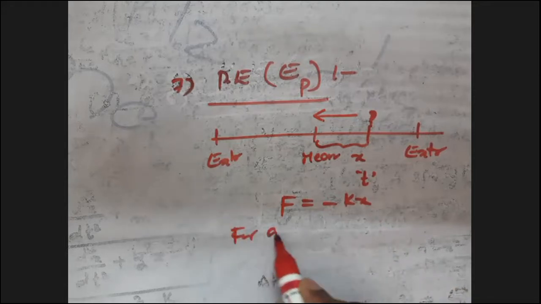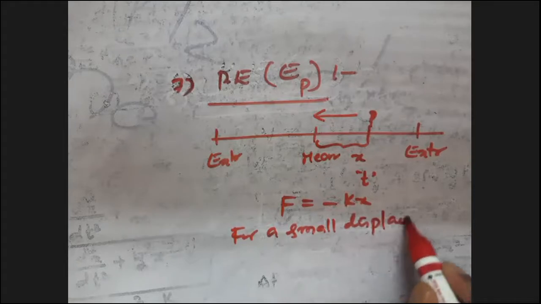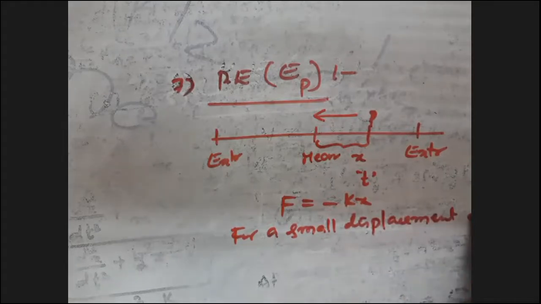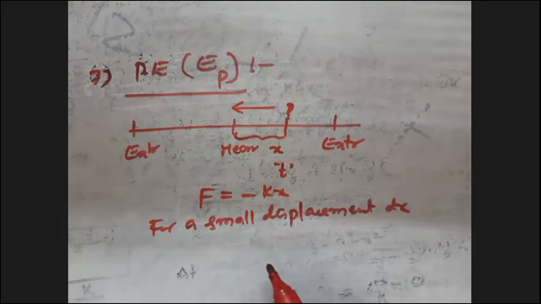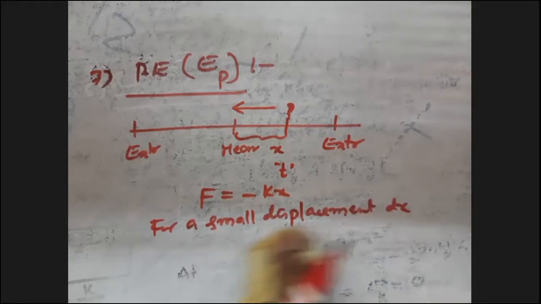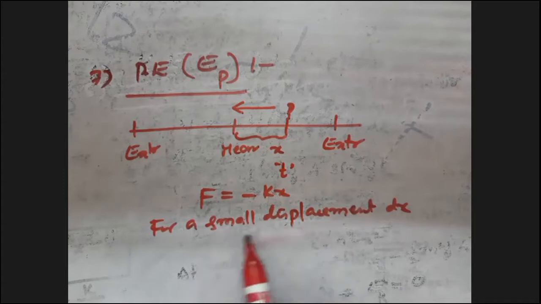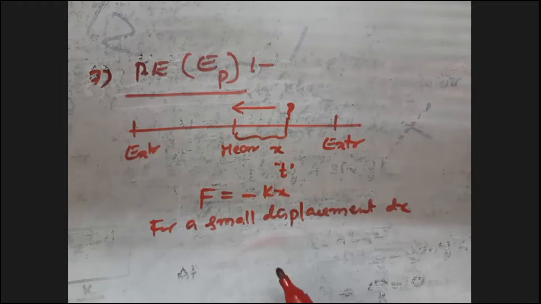Therefore, for a small displacement dx, the force to be applied on the particle is F equal to k x, so the force for a small displacement dx is F equal to kx.